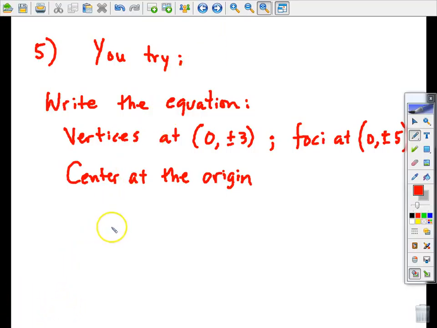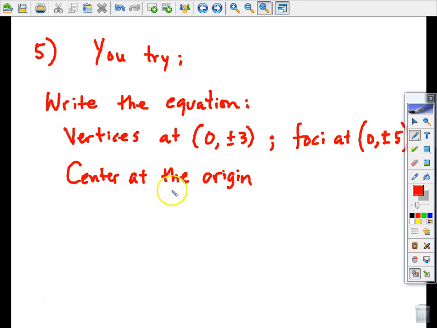Now, here's my question. I've got a question for you. Is the transverse axis in this case vertical or horizontal? Vertical. Very good.